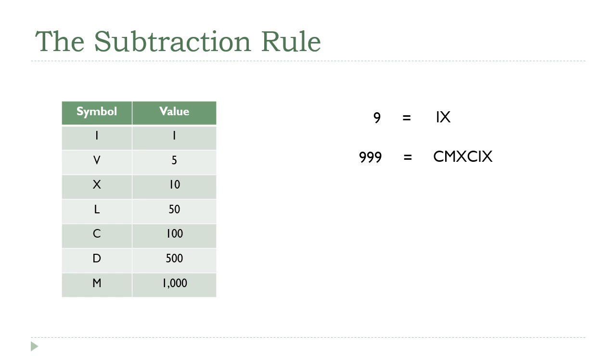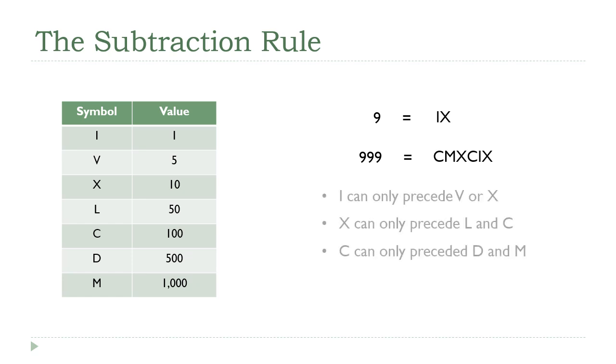Now, some of you may be looking at this and thinking, why didn't he just do IM? Right? That'd be 1,000 minus 1. There are some restrictions on the rule that limit what digits can go in front of others. I've got them summarized here. The general rule, you kind of look these over and look for the pattern, is that a digit can only be placed before the two digits that come immediately after it in order of size.